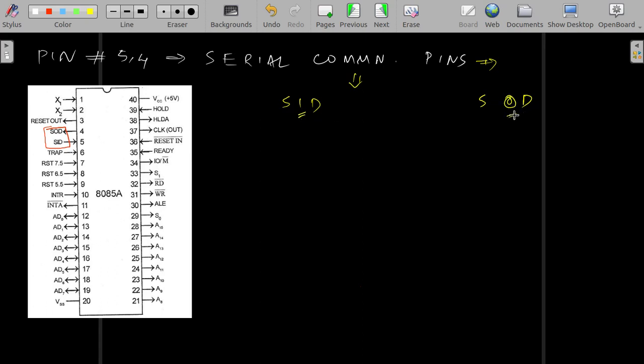It will stand for input, O stands for output. So this is serial input data, this is serial output data. Okay, so we have serial input data and serial output data, right?